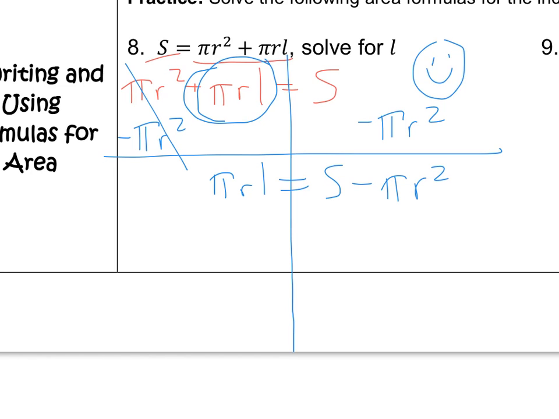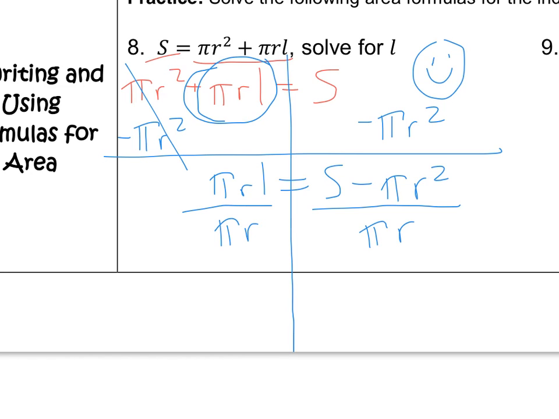Okay, so we did our move. Now we have to divide. What are we solving for? We're solving for the L, so the L has to stay. We need to divide out that pi r, because that's the coefficient of L. So we're going to take pi r and put it on the bottom.